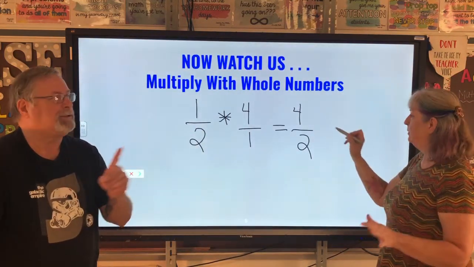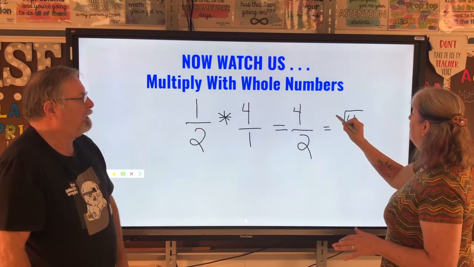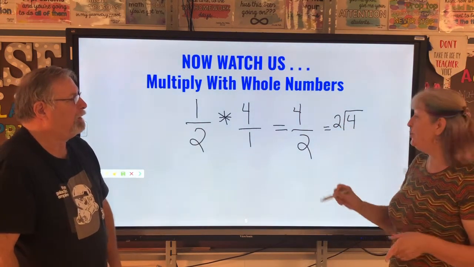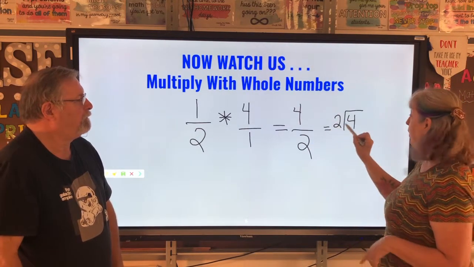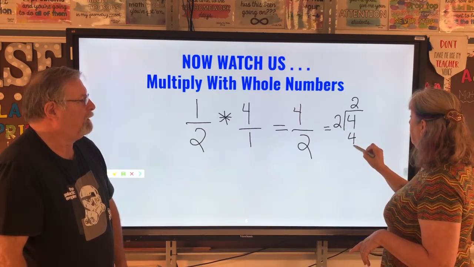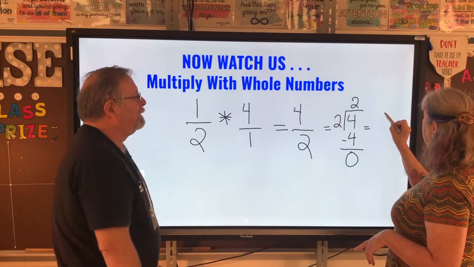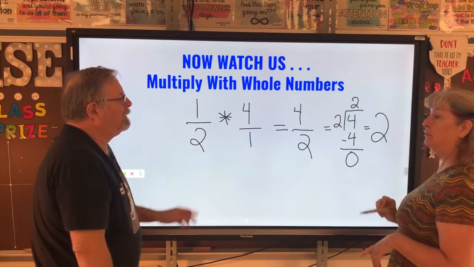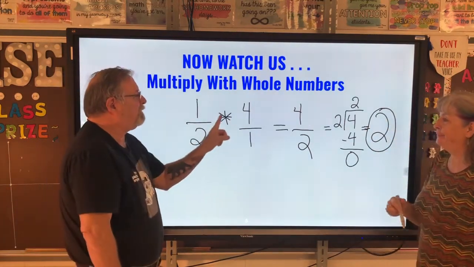Didn't we do something about impropers earlier? Yes. We changed it to a division problem and wanted to figure out how many 2s are in 4. So 2 goes into 4 twice, and look, nothing left over. And if you think about this from the very beginning, this was 1/2 times 4.